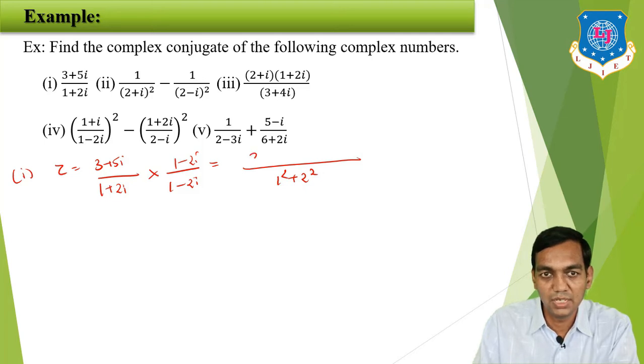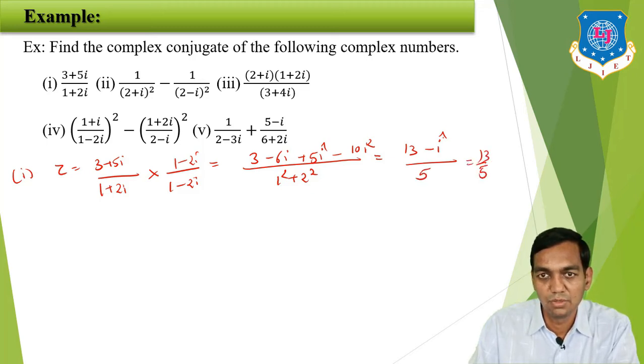In the numerator you get 3 minus 6i plus 5i minus 10i square, but i square is minus 1, so you will get plus 10, so 10 plus 3 is 13 minus i divided by 1 plus 4, that is 5. So the answer is 13 upon 5 minus 1 upon 5 into i.